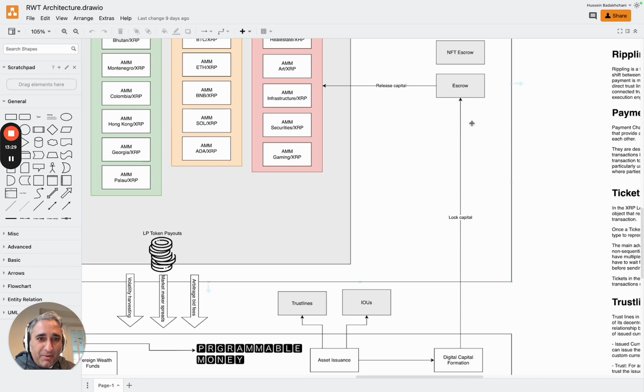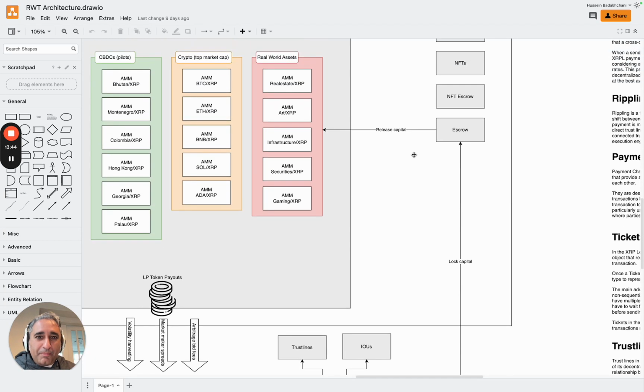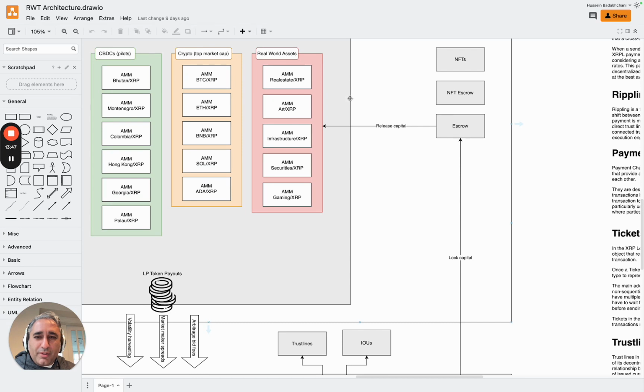Typically that would be by locking up into escrow, and then upon reaching a certain amount of interest in the token, it would be released directly into an AMM. This is something I'm thinking about at the moment. I think, again, not anyone can issue any asset on the XRPL.